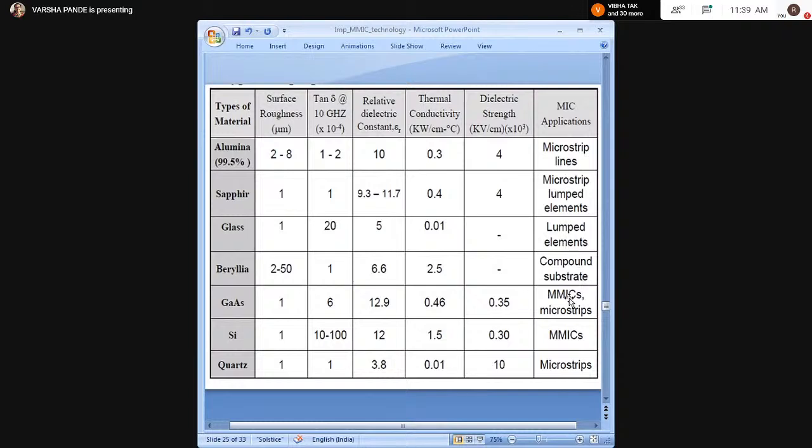Then in different applications of microwaves, different substrate materials can be used. But GaAs and sapphire are the costlier ones. Therefore, where we can use other materials, there you have to use the other. Where the advantages of these materials are required, at that time GaAs or sapphire is used. But again, GaAs is the most favorite or mostly used material.